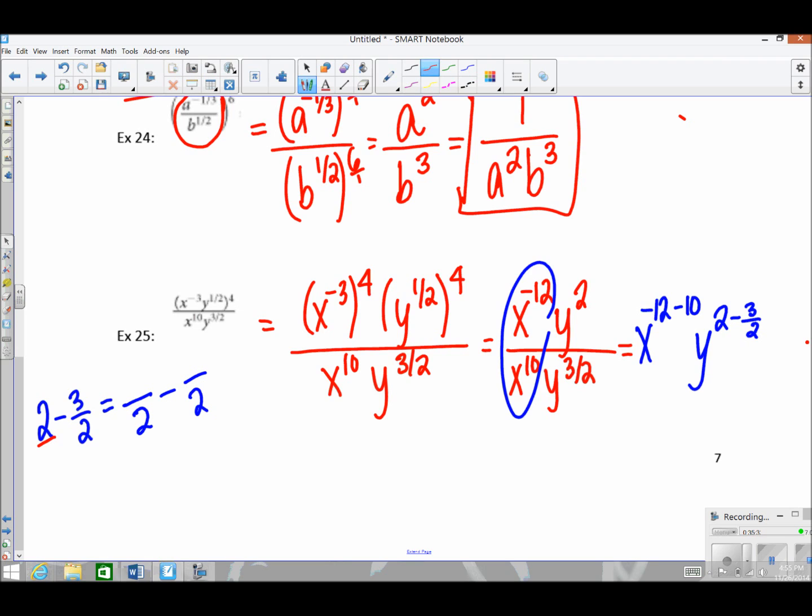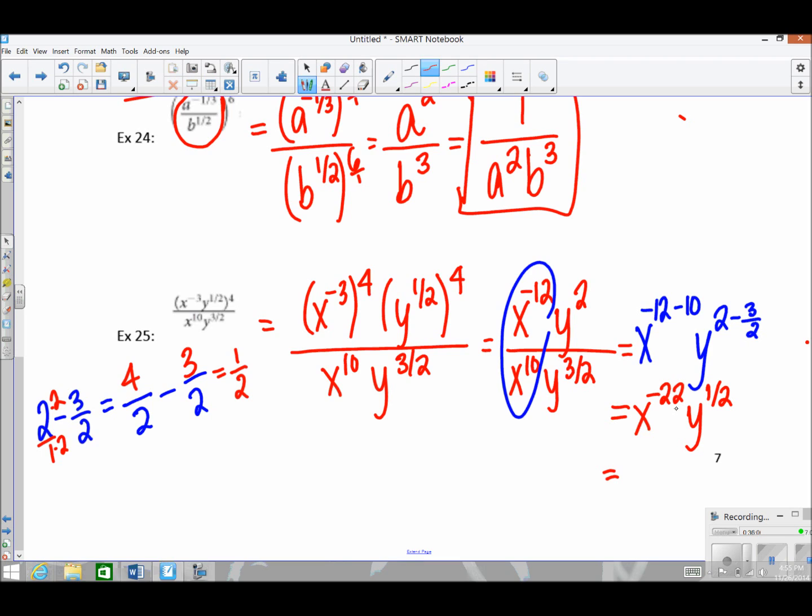So keep in mind that any whole numbers are always over 1, so you'd have to multiply everything by 2 in order to get that denominator of 2. So you'd have 4 minus 3, so we get 1 over 2. So that means over here I'm going to have x to the -22, y to the 1/2.